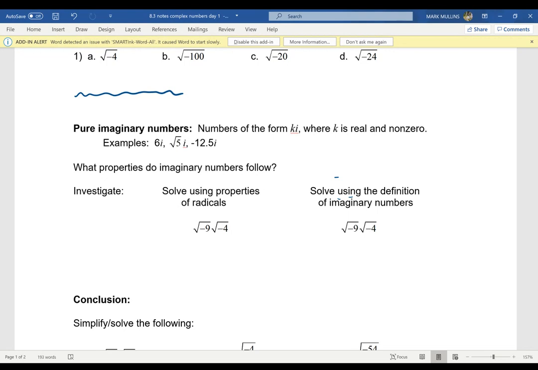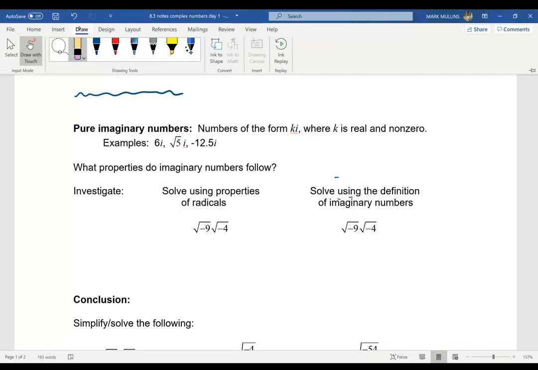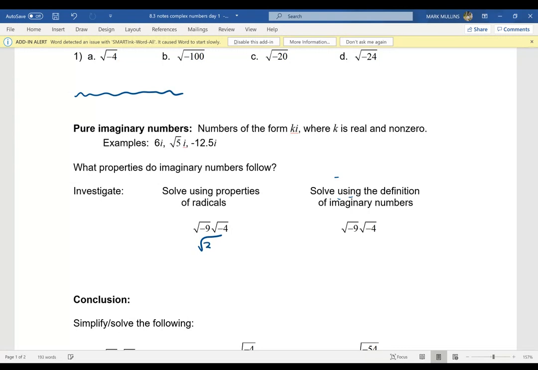So now we want to think about what properties they follow. If I solve using properties of radicals, square root of 9 times square root of 4 is square root of 9 times 4, which is 36, which is just 6. So let's see if we get the same thing doing imaginary numbers. With our definition of imaginary numbers, we would first write square root of 9 square root of -1 times square root of 4 square root of -1.